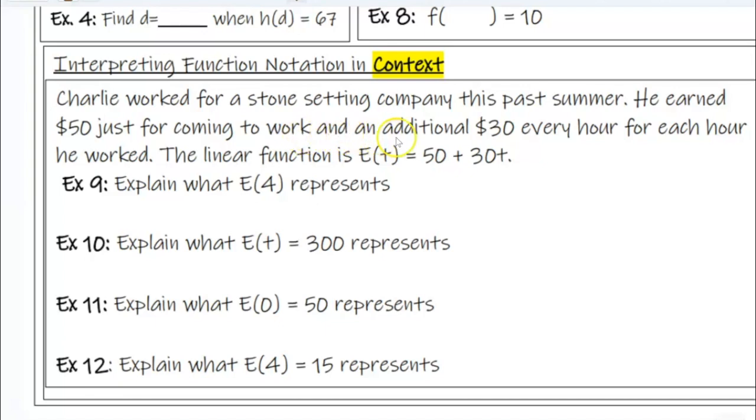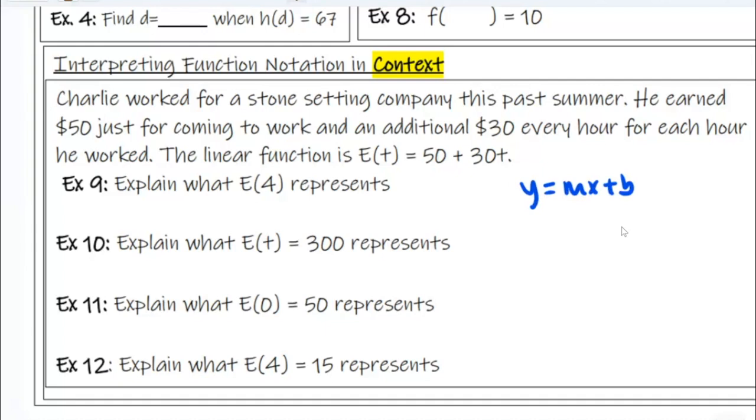Then after that, you get an additional $30 every hour that passes or that you work. Okay, so you get $50 for showing up, $30 for every hour that you worked. This is the linear function. So we're going to cover this in more detail, I believe, in the next video, but I'm just going to cover it real quick. So remember, your function is always y equals mx plus b.